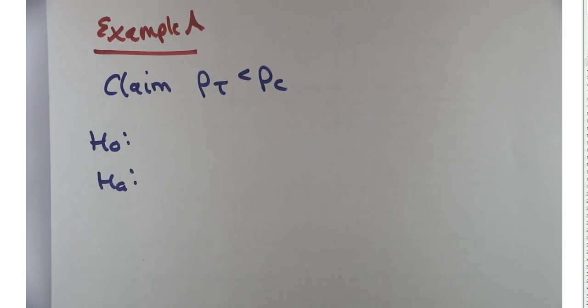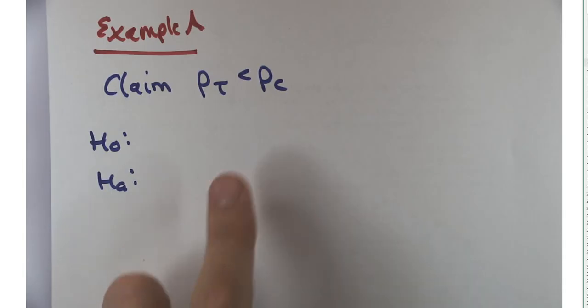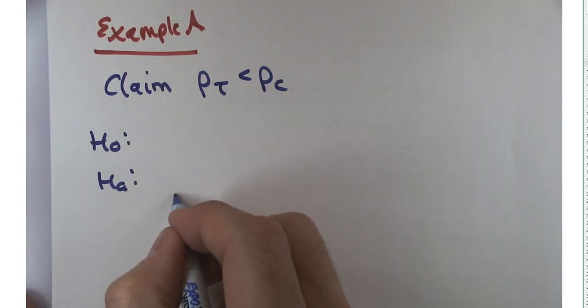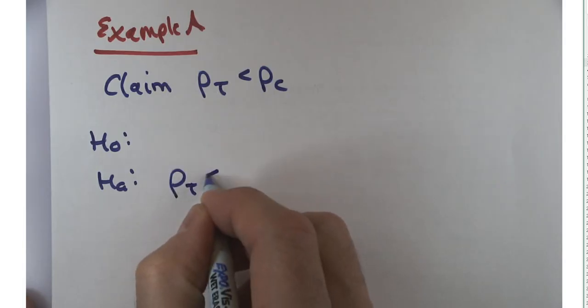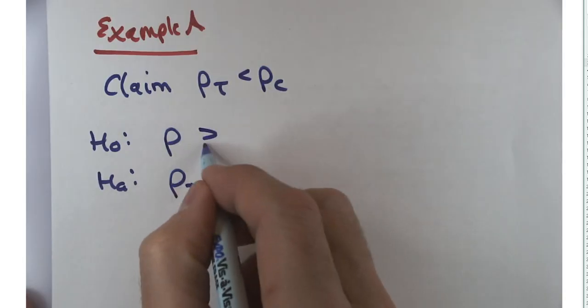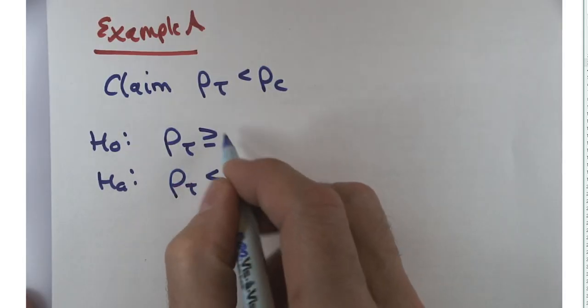Okay, Steve, start us off, please. What would the null and alternative hypothesis look like? Alternative, it would be less than the control group, and then H0 would be greater than or equal to the control group. Good.